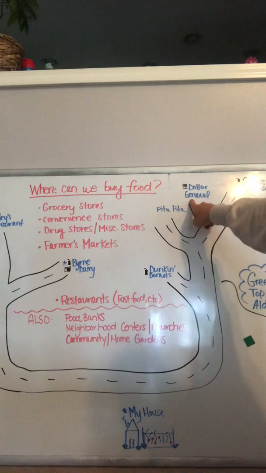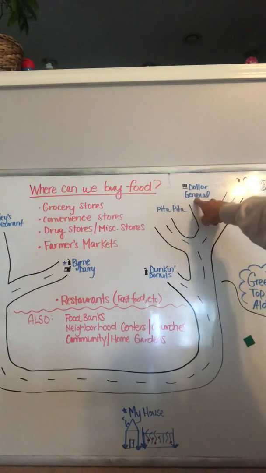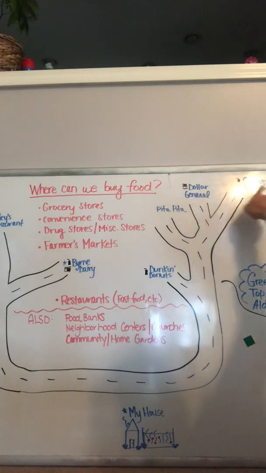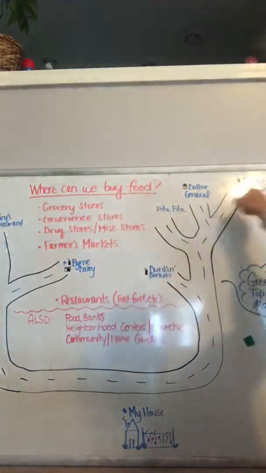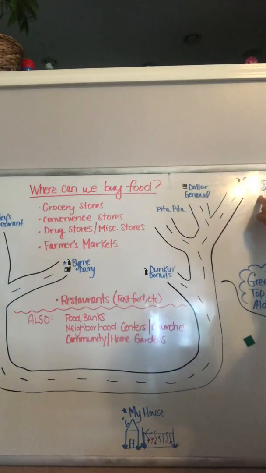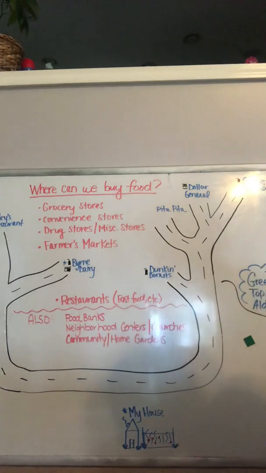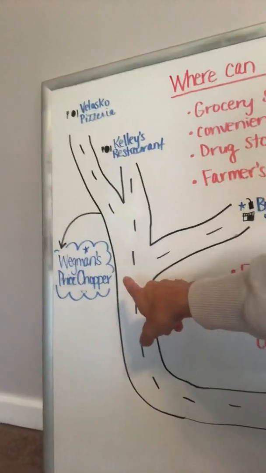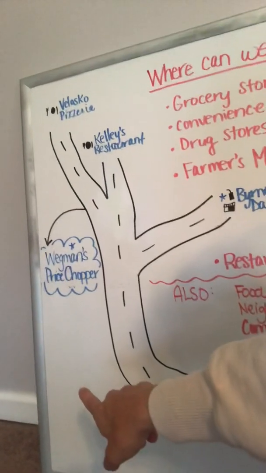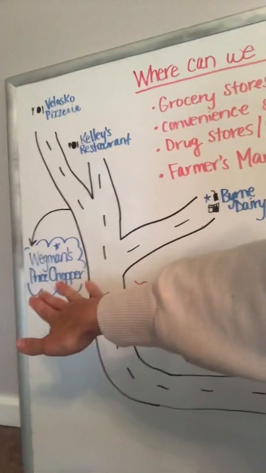We have a Dollar General, which most of us know you can probably go to get snacks. We have a couple pizzerias in the area, which I labeled as both fast food and restaurant. And we have a Byrne Dairy, which is pretty close. I did all of the ones that were within walking distance, and then I indicated that we have a Wegmans and a Price Chopper a little bit further down the hill on this side of the neighborhood.